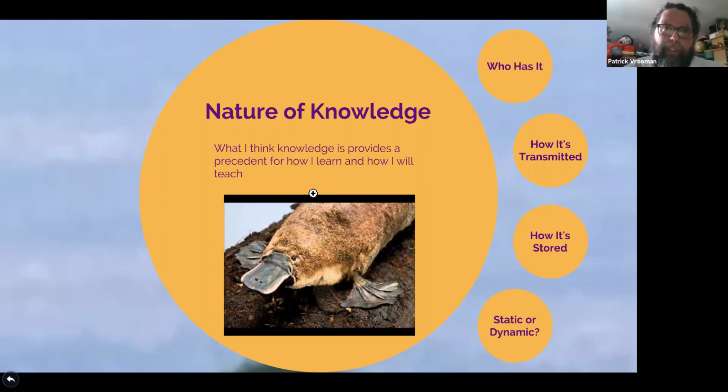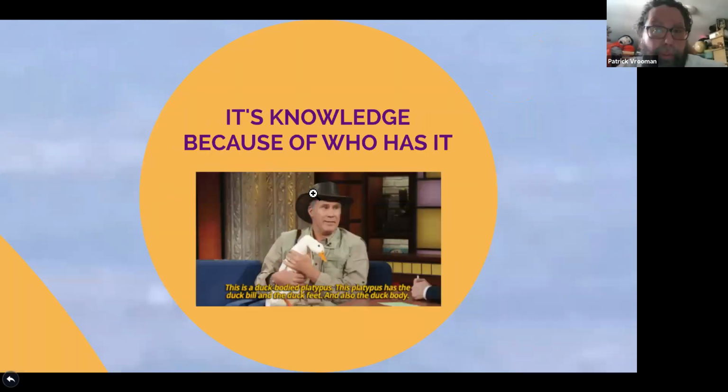Your beliefs about those things and your students' beliefs about those things. Students have beliefs. They may not have articulated them, but they've got a belief in their conceptual ecology about who has knowledge and who doesn't. So, for example, let's say we have this expert who comes and talks to us about platypuses, and this expert happens to be Will Ferrell.